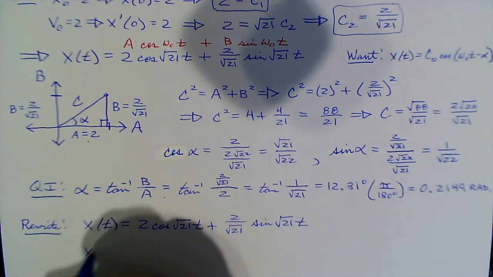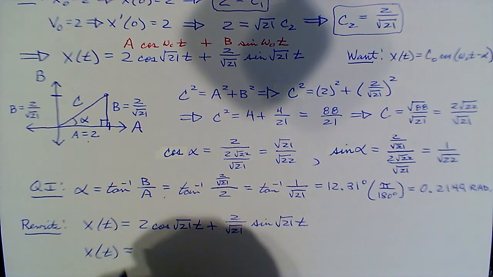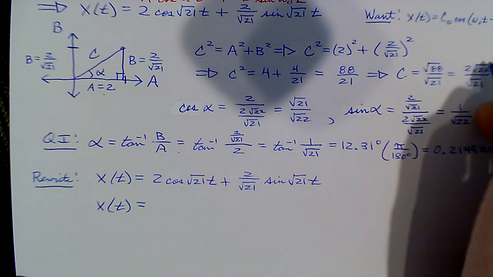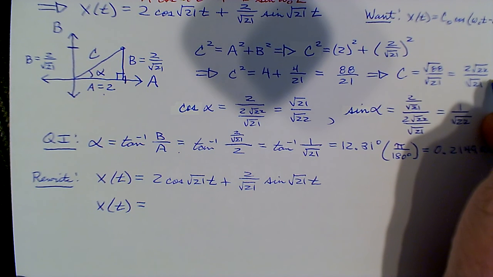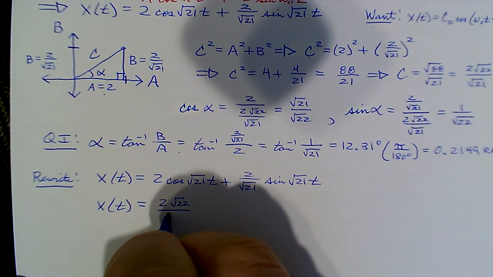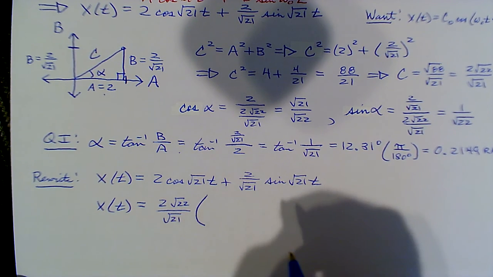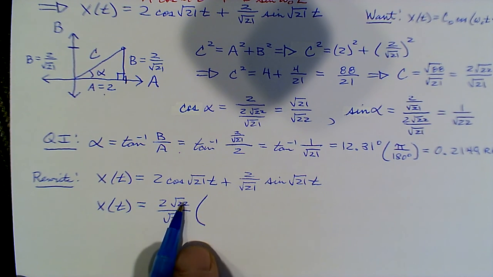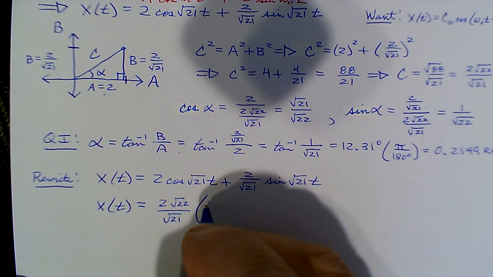And recall what we do is we factor out c, the hypotenuse. And the hypotenuse we had calculated to be over here, 2 square roots of 22 over the square root of 21. And to get 2 from this, we'd have to be able to cancel out the square root of 21 and the square root of 22 that's in the numerator, square root of 21 that's in the denominator.